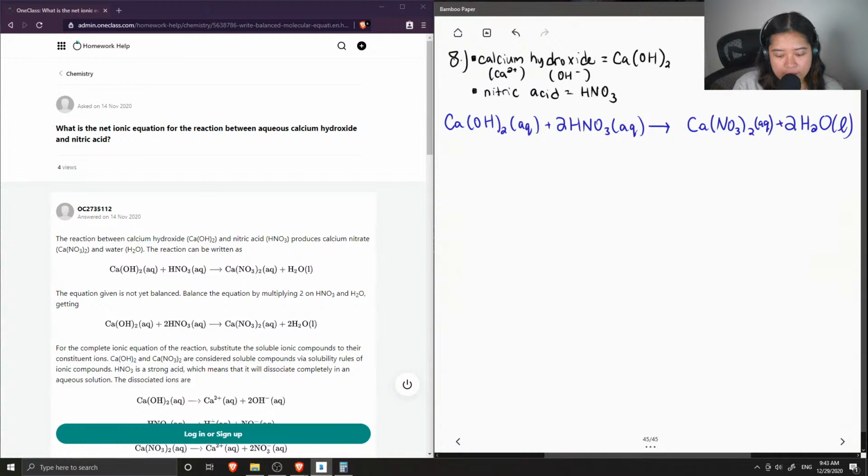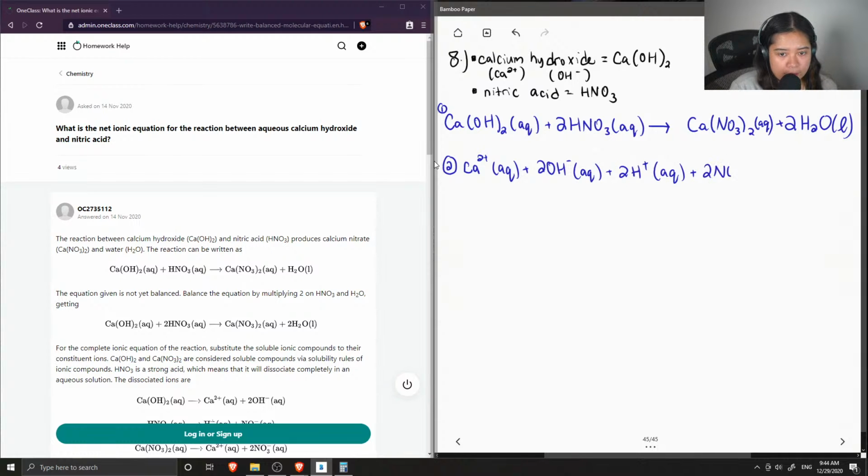Okay, so now that everything is balanced, next we have to separate all of the compounds into their ions if they are an aqueous solution. So in the case of calcium hydroxide, this breaks down into calcium 2 plus, 2 OH minus ions, plus 2 protons, plus 2 nitrate ions.